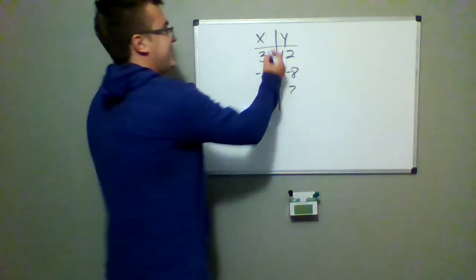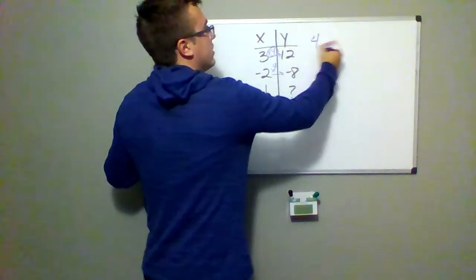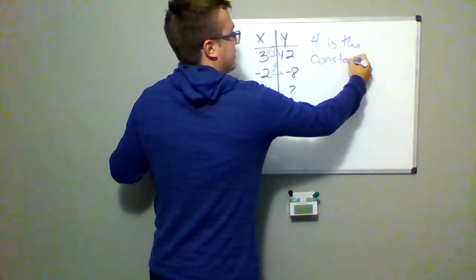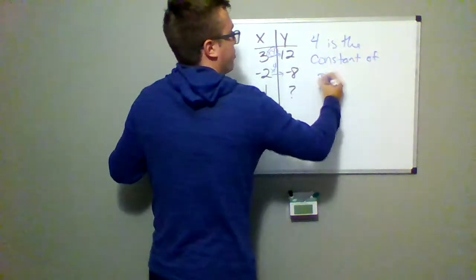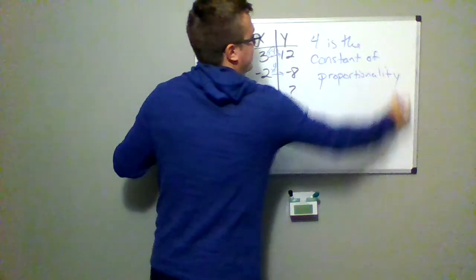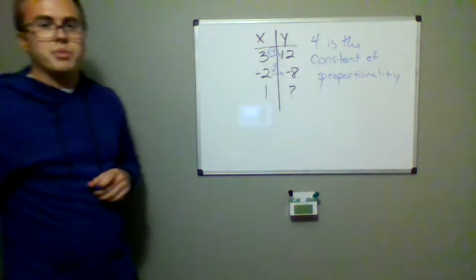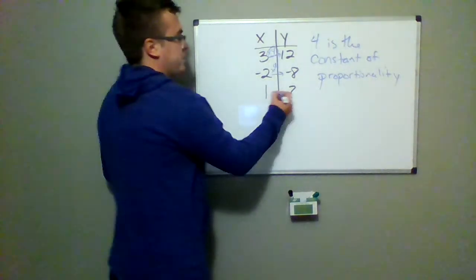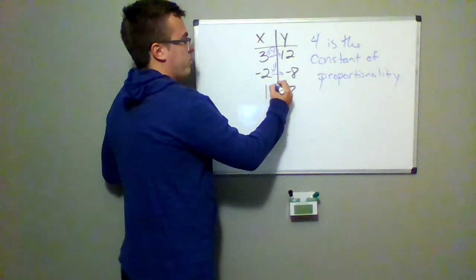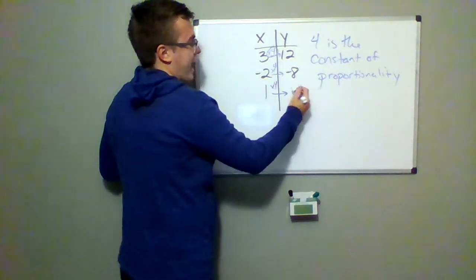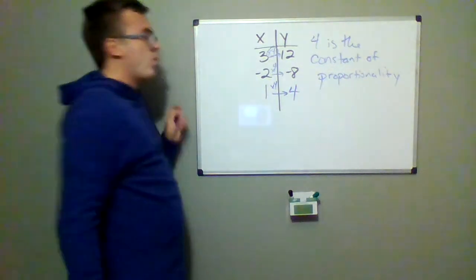So we're already seeing that this 4 is the constant of proportionality, which means that down here, this last one is pretty easy because all we have to do is multiply our input of 1 by 4, and that gives us an output of 4.